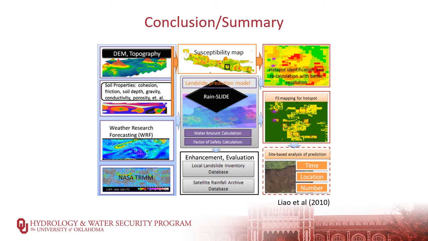So for the conclusion and summary of this paper, basically because the soil column during rainfall events is a pretty important factor in determining slope failure, the slide model was able to link water content in the soil column to actual precipitation events, and it produces a factor of safety that can be used to determine the likelihood of a landslide event happening.